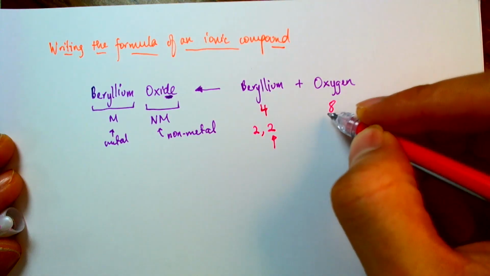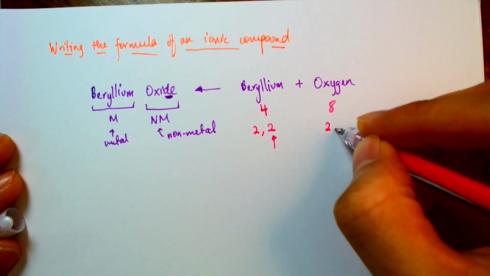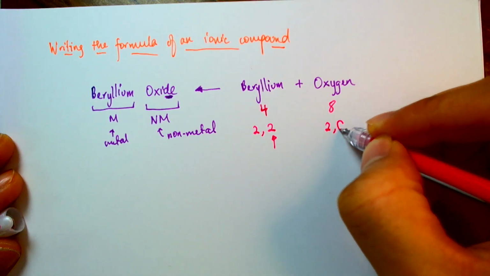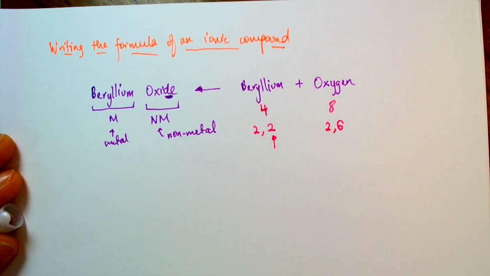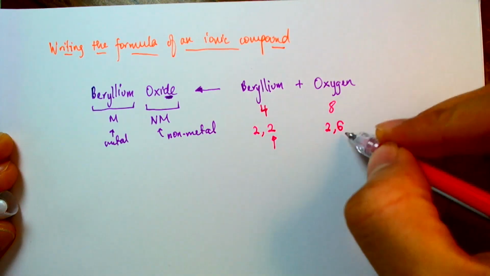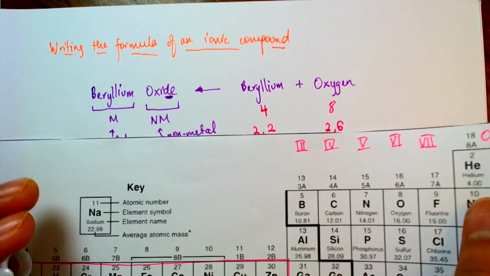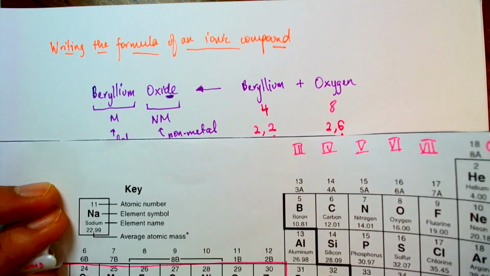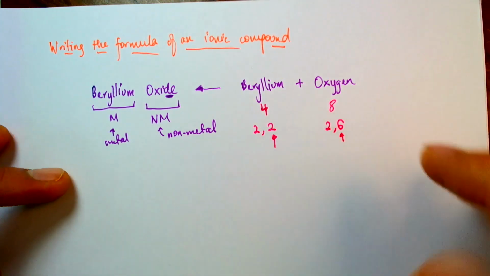And if I were to write out the electronic configuration of oxygen, I find that I get 2 in the lower shell, and I have 6 left over, and these 6 have to go into the second shell, because the second shell can hold a maximum of 8. So I find that oxygen has 6 electrons in the outer shell as predicted by its position in group 6 of the periodic table. So I will concern myself only with the outermost shell of electrons.